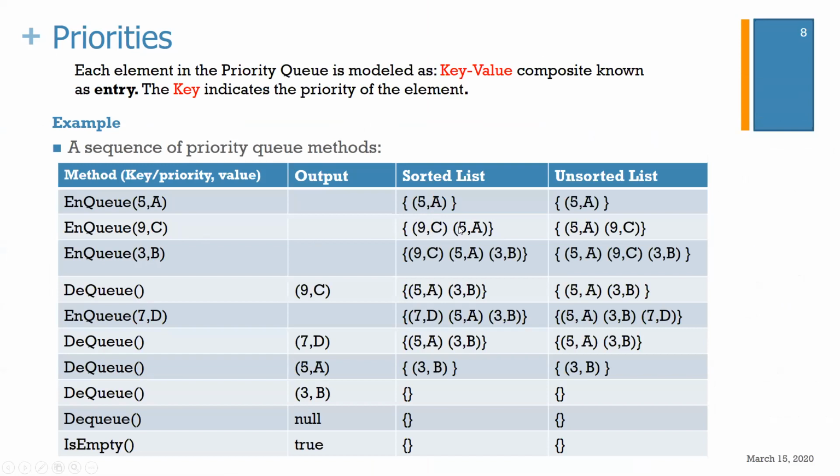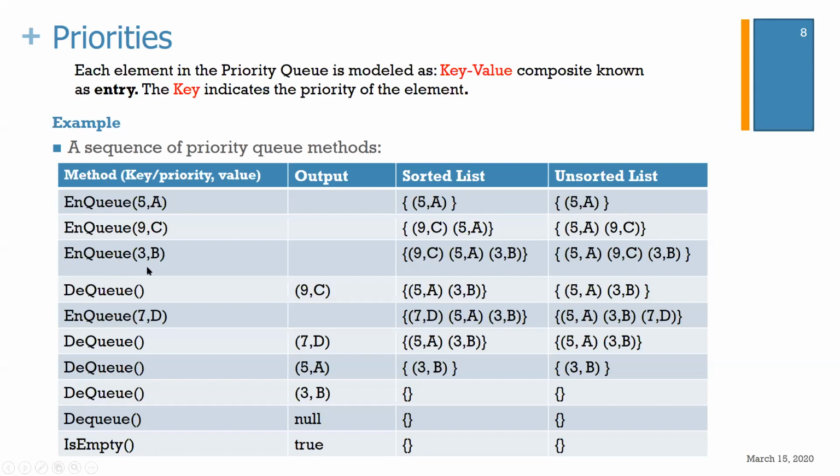Since 9 is greater than 5, we insert it accordingly, and all elements should be kept sorted in a sorted list. But for unsorted, that's okay. We can add at the rear directly without any sort and no need to traverse. But when we dequeue from this list, we traverse to find the highest priority to dequeue.